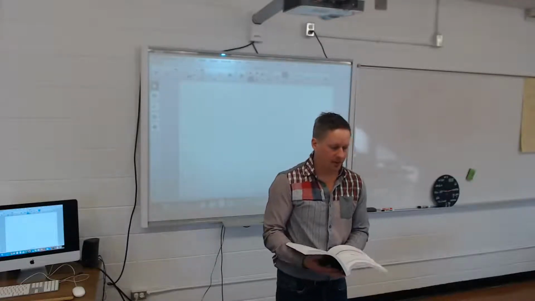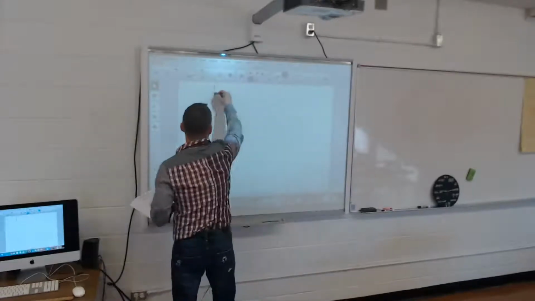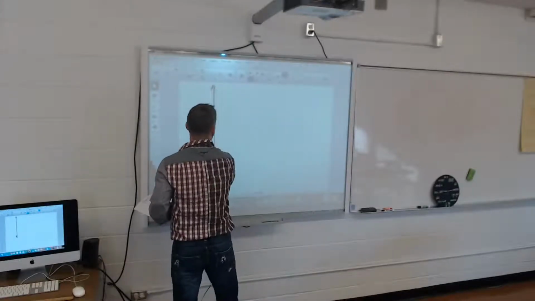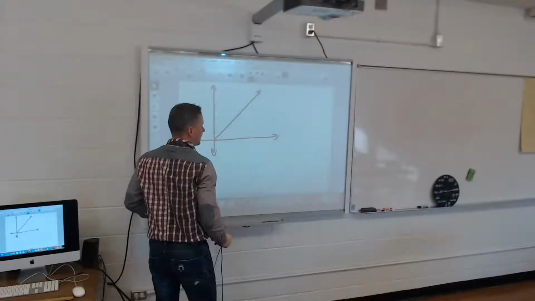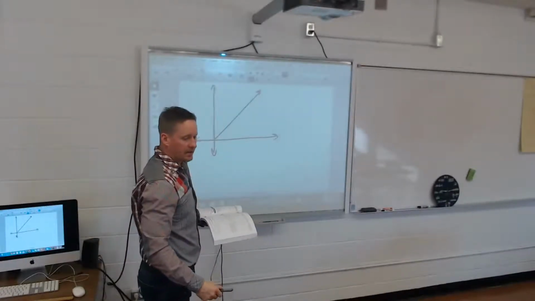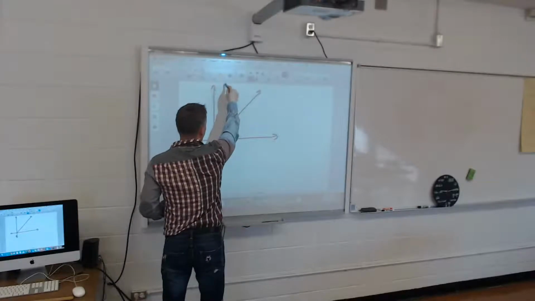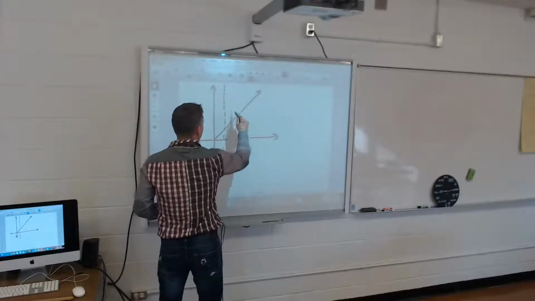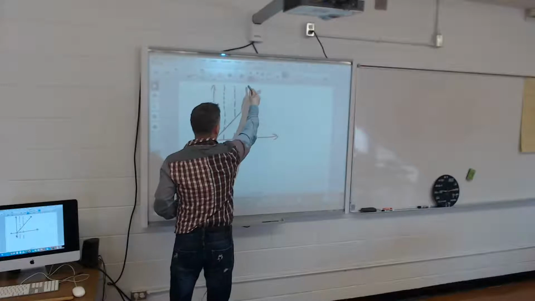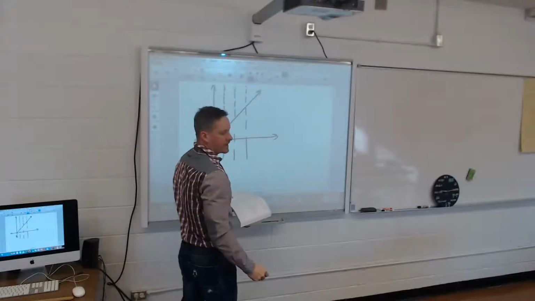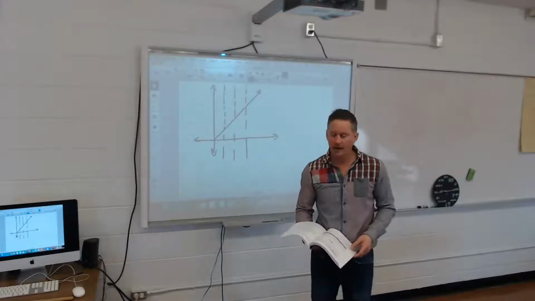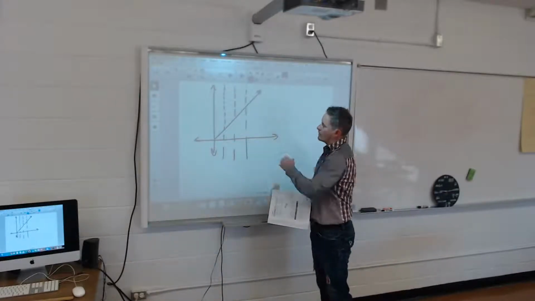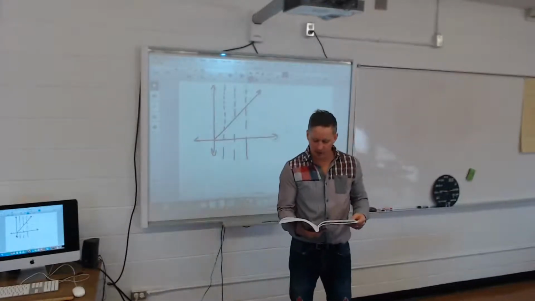And so you end up with a line. My line looks like this. Now, if I take a vertical line and draw it straight down, I can never hit more than 1 point. If I can never hit more than 1 point, that means it's a function.